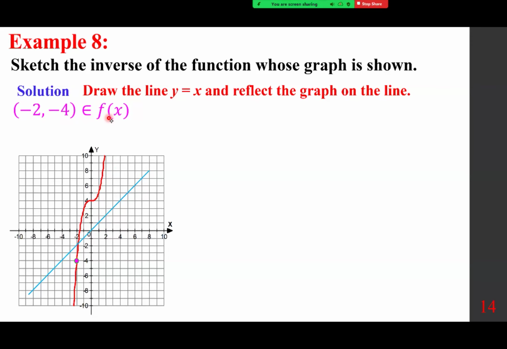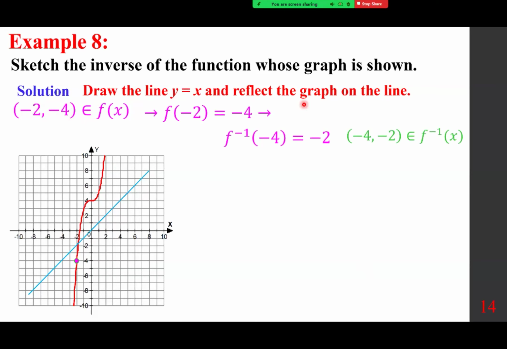By that we mean what? f of -2 equals -4. This means f inverse of -4 must be -2. This means, simply put, interchange these two. -4, -2 is an element of f inverse of x.